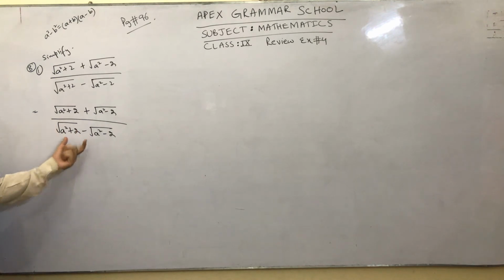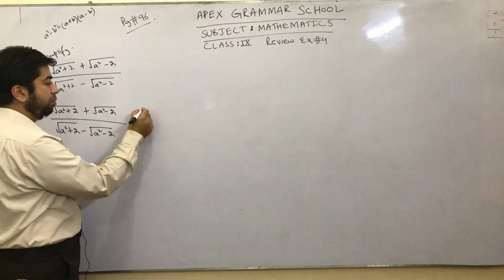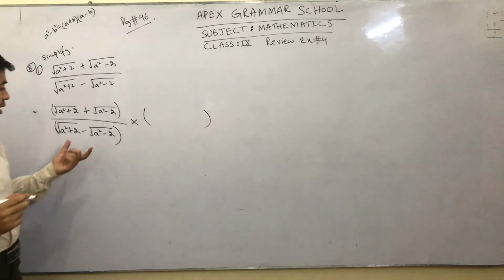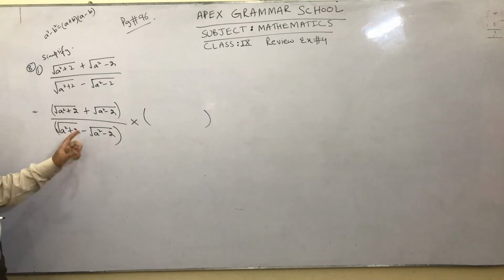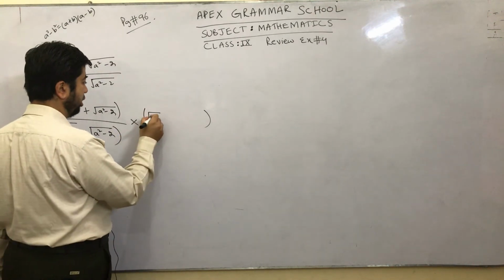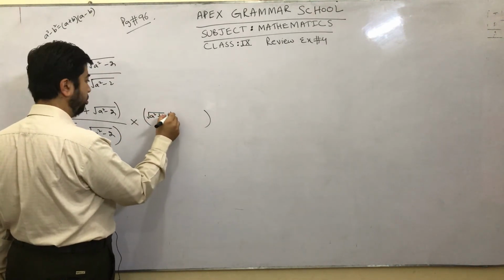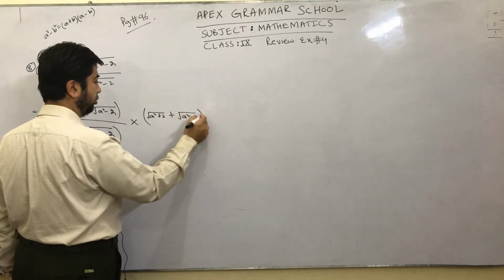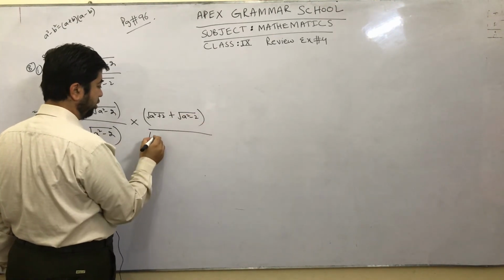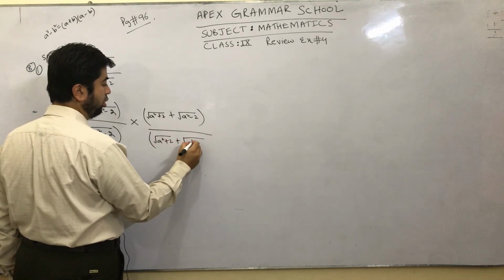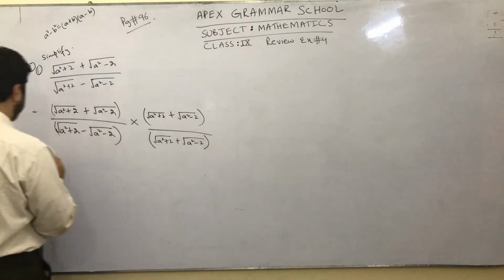Yes, you can multiply and divide it by its conjugate. So its conjugate is just converting this negative sign to its positive sign. So this is square root a square plus 2 plus square root a square minus 2, and in the denominator square root a square plus 2 plus square root a square minus 2.